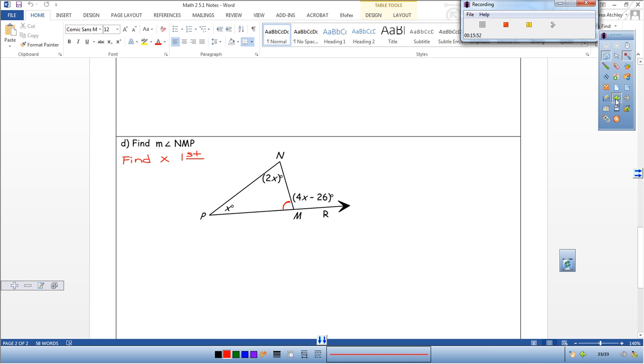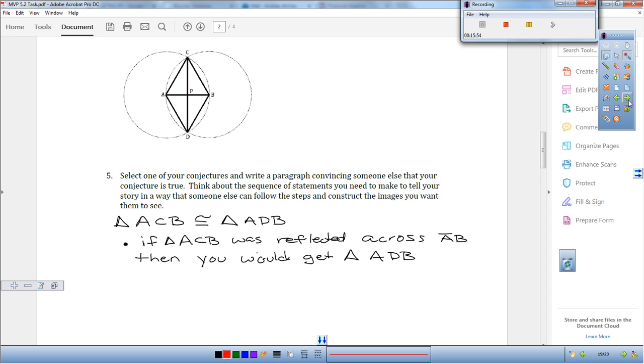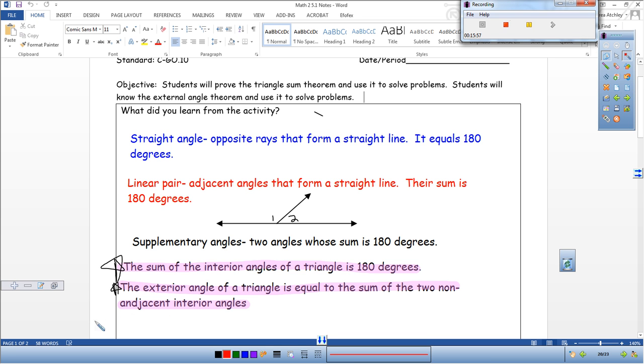I don't have straight angle. Again, I do have a linear pair, but I don't have values for them each. Supplementary angles I do have, but again, I don't have values for both. I don't have all the interior angles of the triangle, but I do have an exterior angle of a triangle is equal to the sum of the two non-adjacent interior angles.